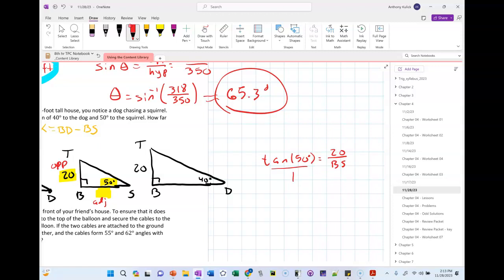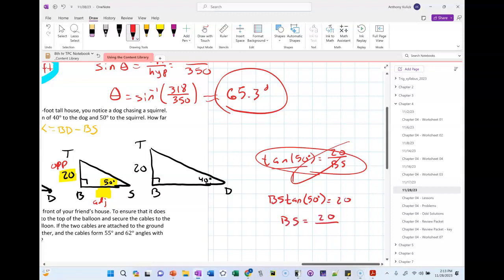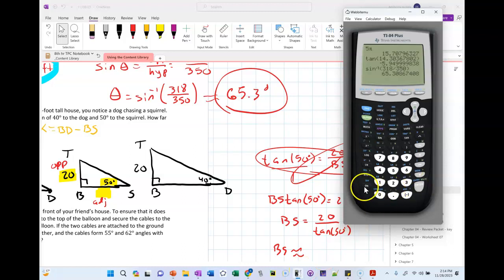And now I'll solve for BS. So I'll cross multiply, because that's a solving technique, not a multiplication technique, and then divide by tan 50. So if I go to my calculator, I can just type that in now: 20 divided by tan 50.